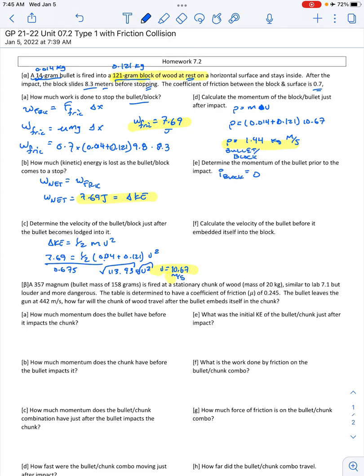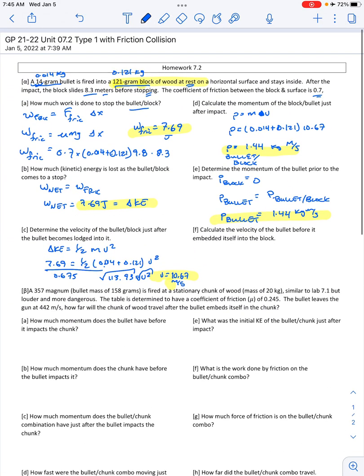So that means the bullet has to be equal to the bullet block combo. So 1.44 kilogram meters per second is the momentum of my bullet.